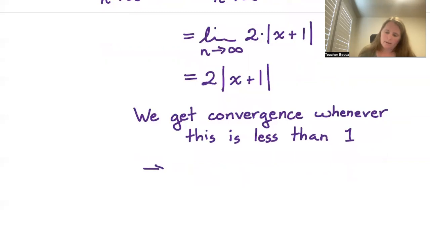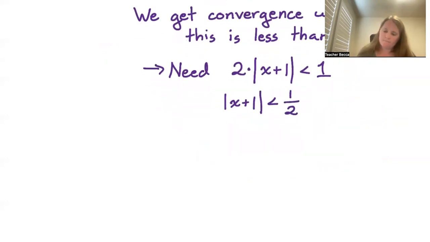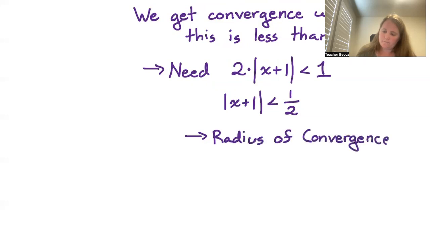So we need 2 times the absolute value of x plus 1 to be less than 1, or the absolute value of x plus 1 is less than 1/2. This right here immediately gives us our radius of convergence. So our radius of convergence is 1/2.